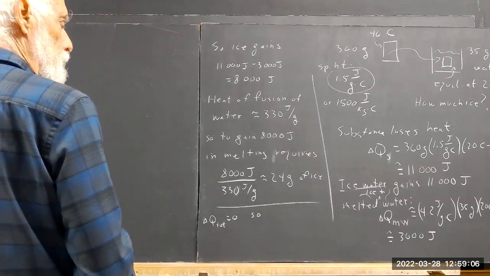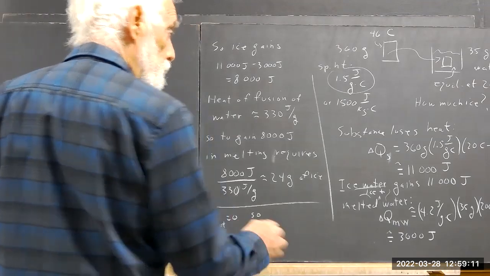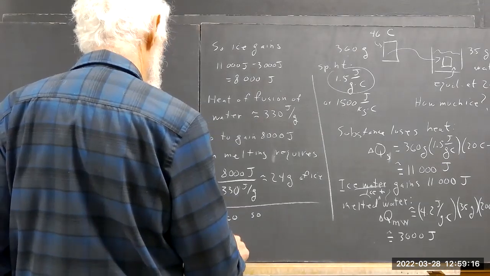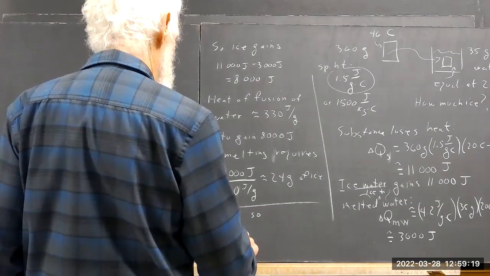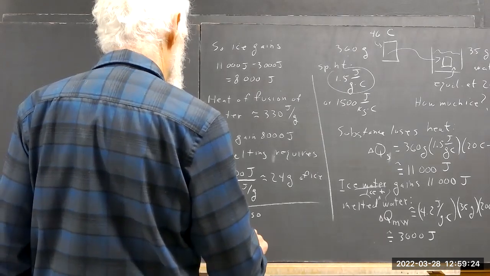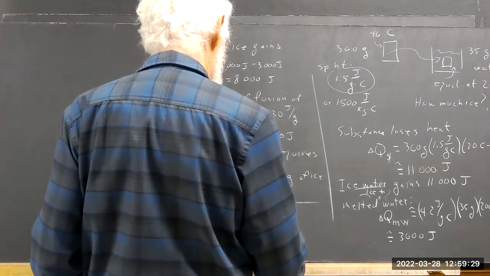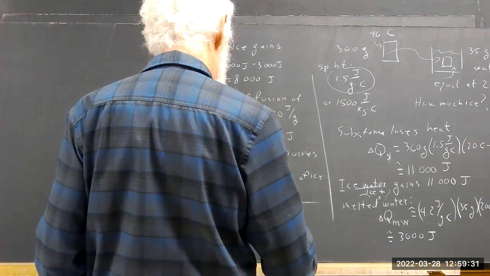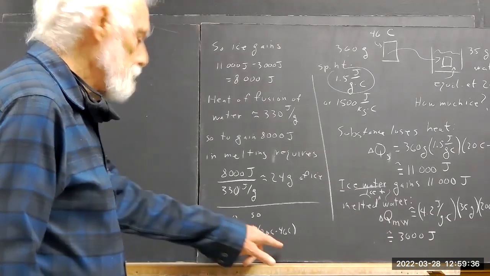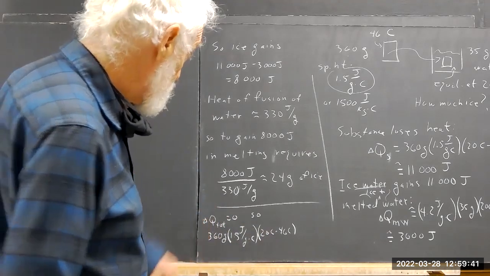deciding whether I want to write this out in symbols. I don't have good symbols right now, so I'm going to go ahead and write out the numbers. Your 360 grams times 1.5 joules per gram Celsius times 20 Celsius minus 46 Celsius, which is the change in the heat energy of the substance.